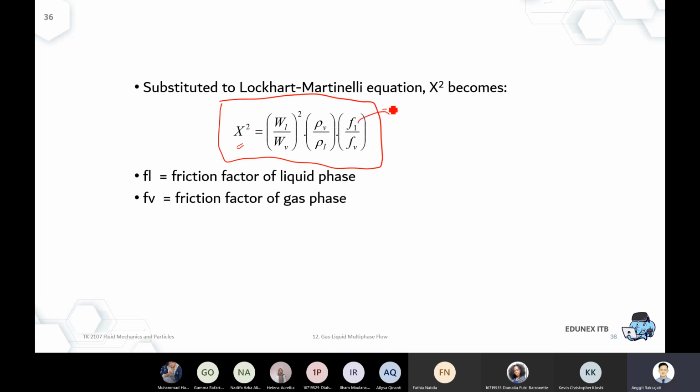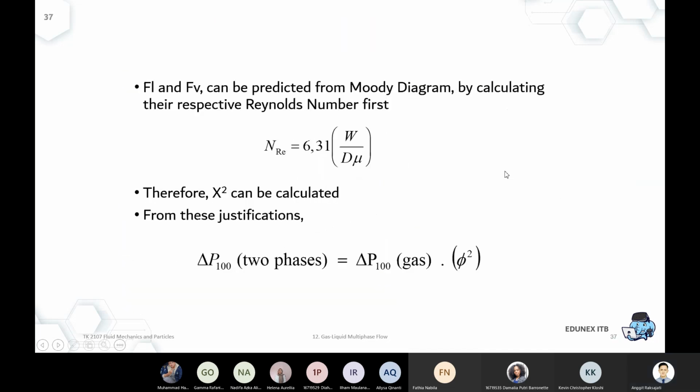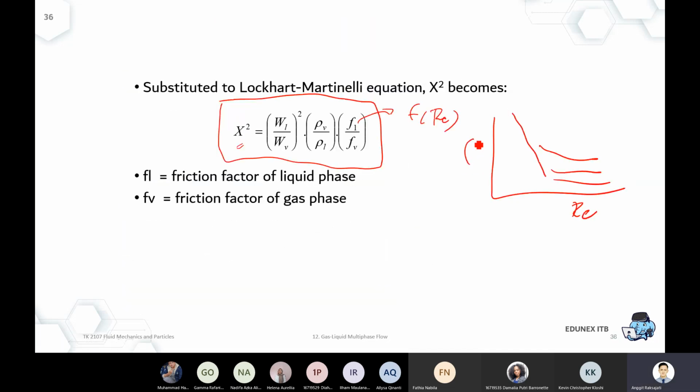F. Okay, F is coming as a function of Reynolds, if you remember the Fanning chart. That's a Reynolds, that's the F. And as you could probably understand, Reynolds is rho times linear velocity times diameter per mu.